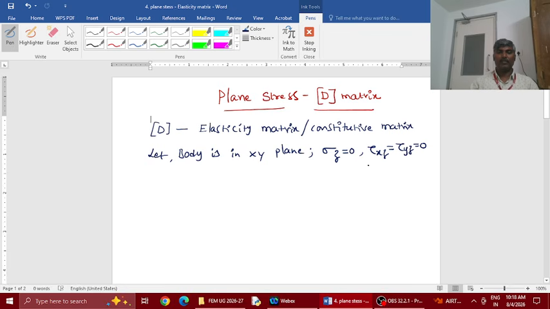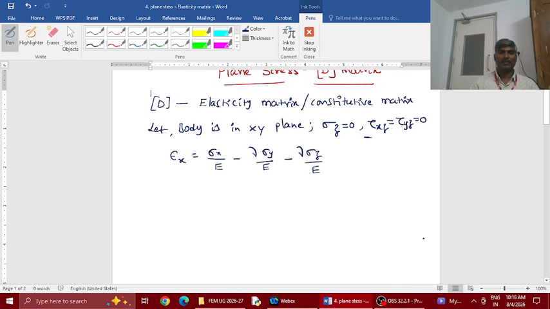So let us apply this condition to the generalized stress-strain relation that we have derived. Epsilon x is equal to sigma x by E minus nu sigma y by E minus nu sigma z by E. This is the strain in x direction due to stresses in x, y, z directions.